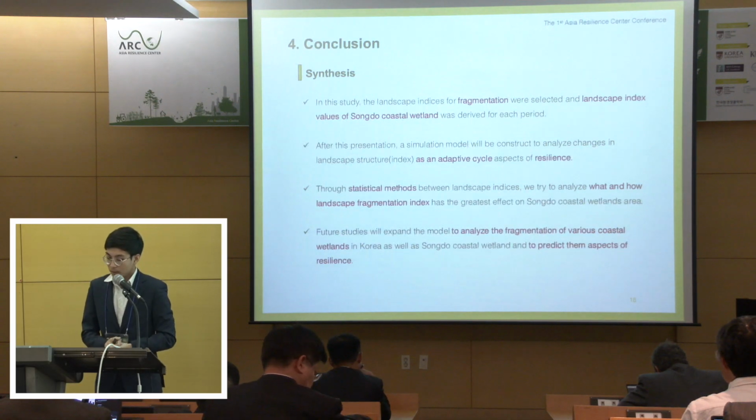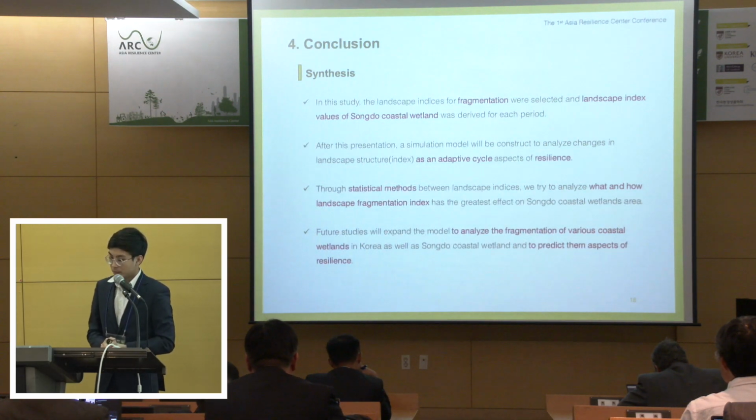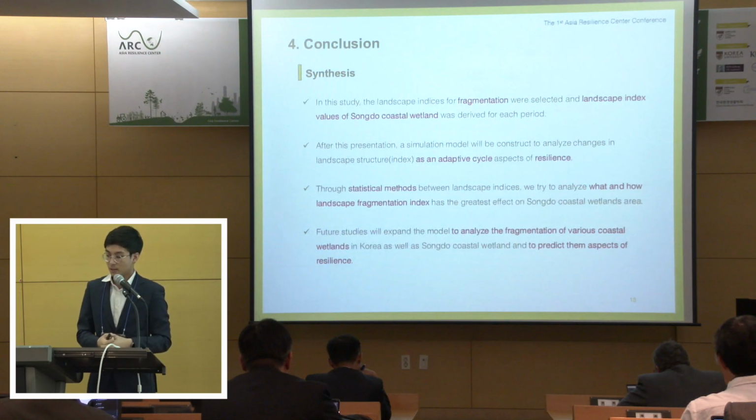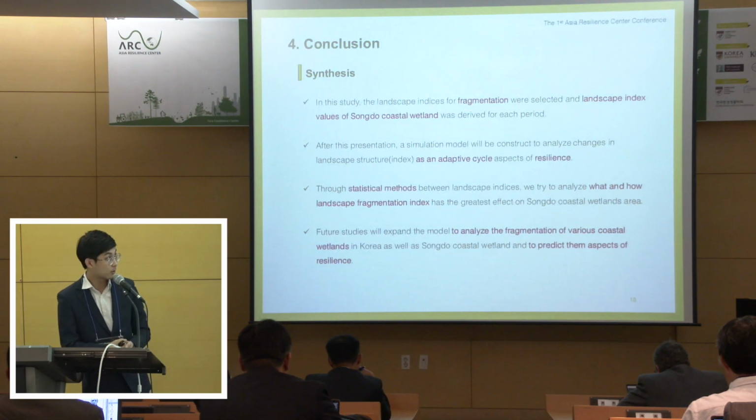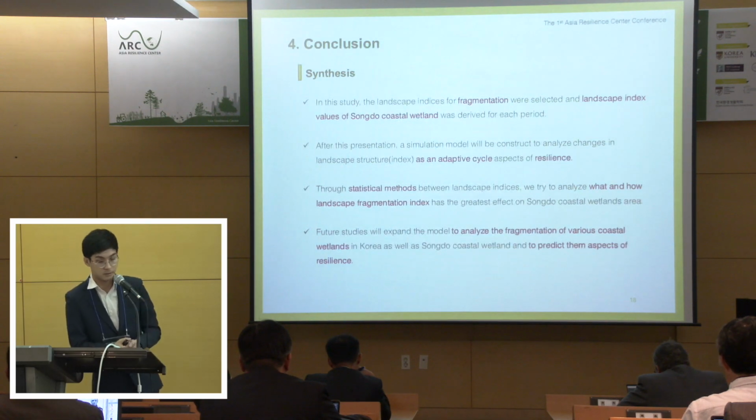Conclusion. In this study, the landscape indices for fragmentation were selected and landscape index values of Songdo coastal wetland were derived. After this presentation, a simulation model will be constructed to analyze change in landscape structure as an adaptive cycle aspect of resilience.